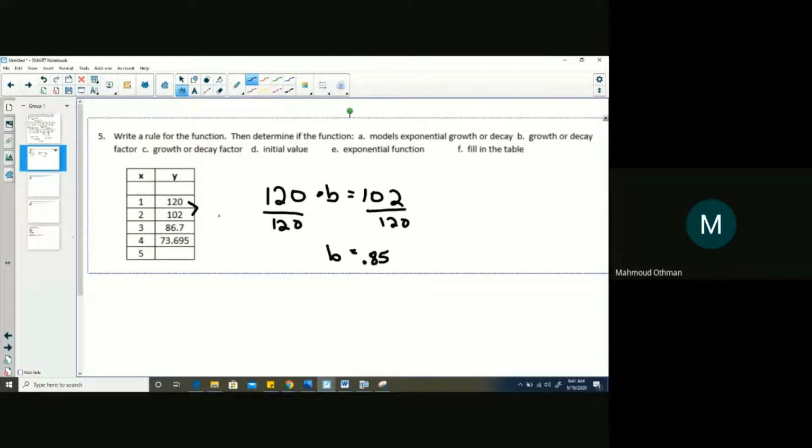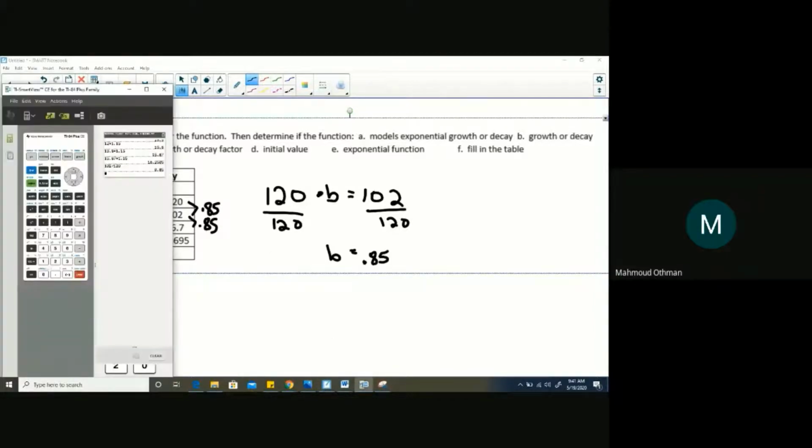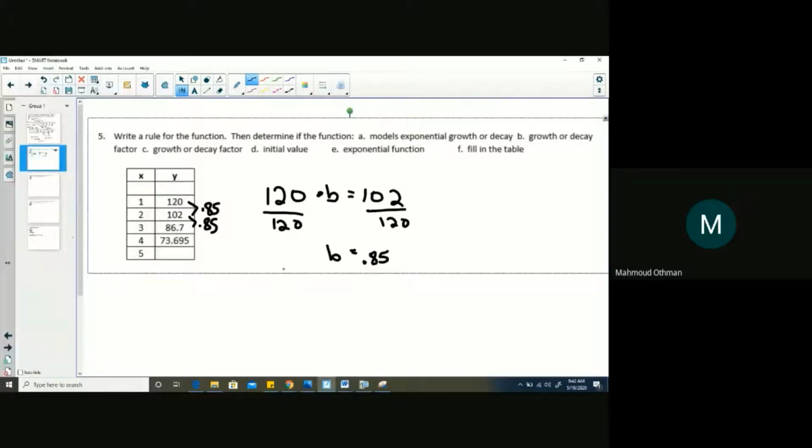So that means each time I go this way, I multiply by 0.85. Let's double check. 102 times 0.85 is 86.7. It works. So 0.85.